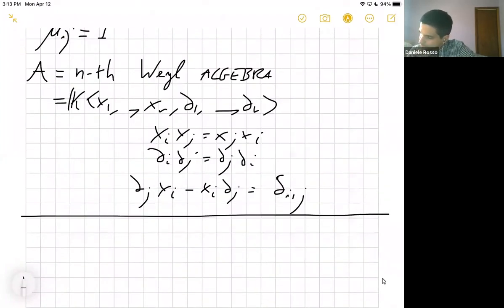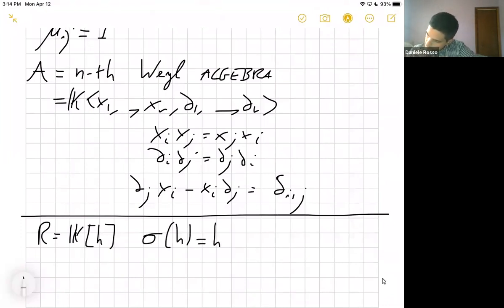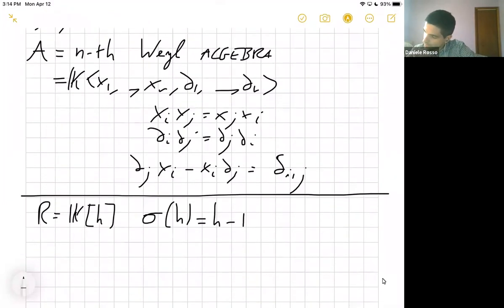Another example that you could get: I'm going to do an example now where R is just polynomials in one variable, and sigma is just a shift. So I only have one variable, I'm doing rank one, n equal one. Of course, you can do the rank one Weyl algebra this way, but I want to do a different one.